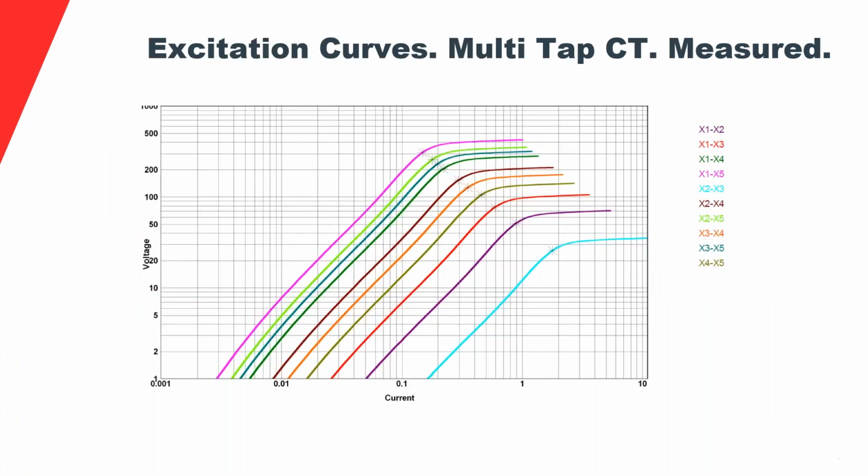If you look at a CT's excitation curve, we can notice that the higher the voltage on the secondary of the CT, the higher the excitation current.